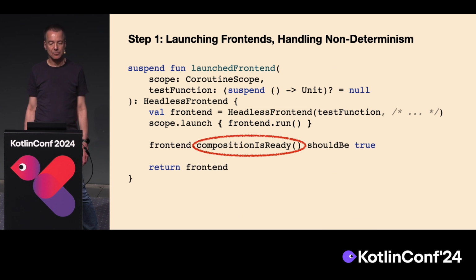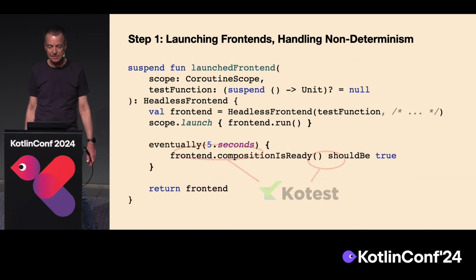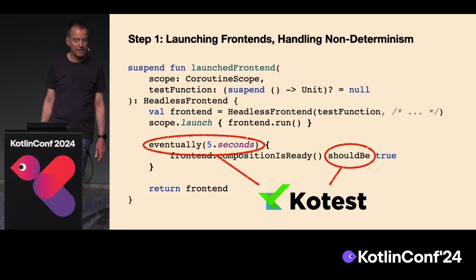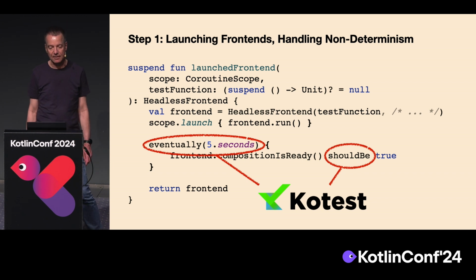But what we could do, for example, with kotlin.test, is use a test matcher, which is basically a thing throwing an assertion if the test fails, and then wrap it into an eventually function, which repeats a failing test until it either succeeds or the timeout is reached. So at the end of this function, we can be sure that our frontend is guaranteed to be ready.